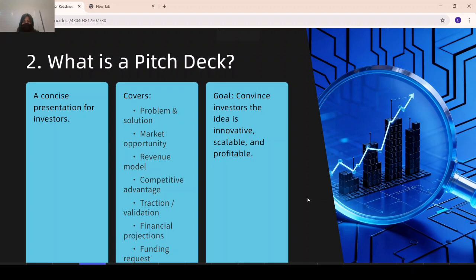And what is the goal of it? That is to convince investors the idea is innovative, scalable, and profitable. So this is the purpose of a pitch deck.